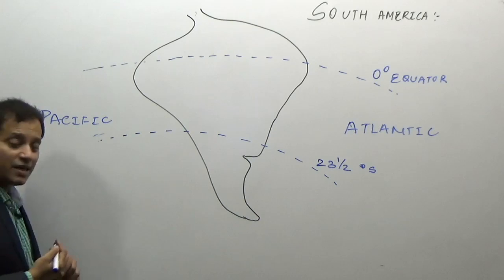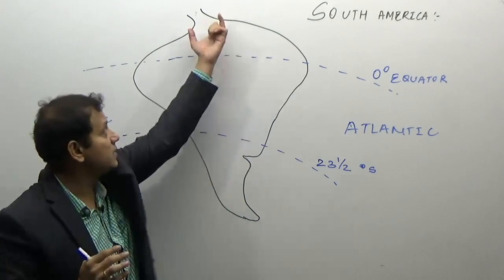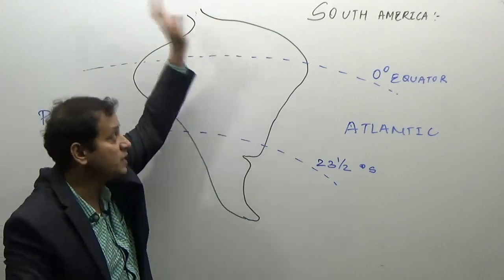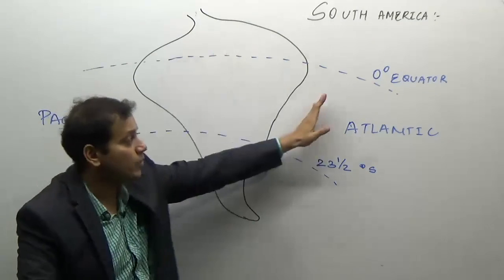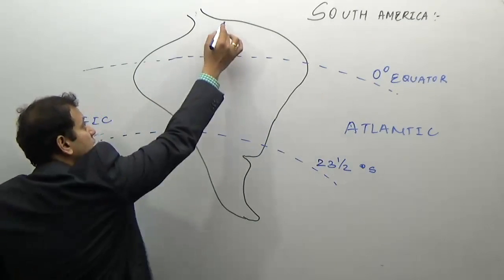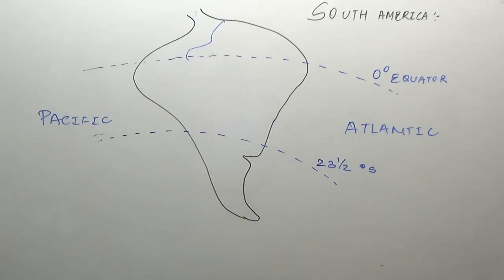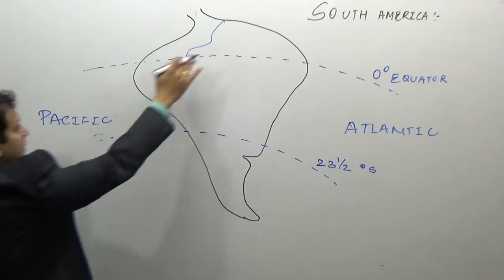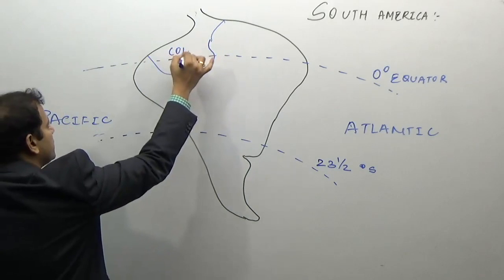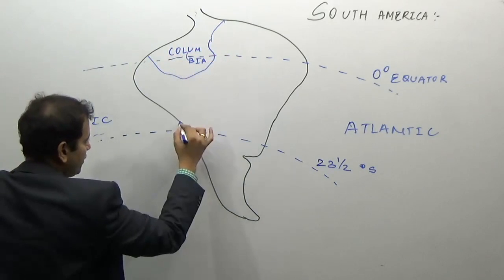It is tapering on the southern part, and in the northern part, obviously there are some countries which have a coastline on both the Atlantic Ocean and the Pacific Ocean. One of the countries is Colombia, which has a coast on both the Pacific and Atlantic Ocean. And the other country is Chile.